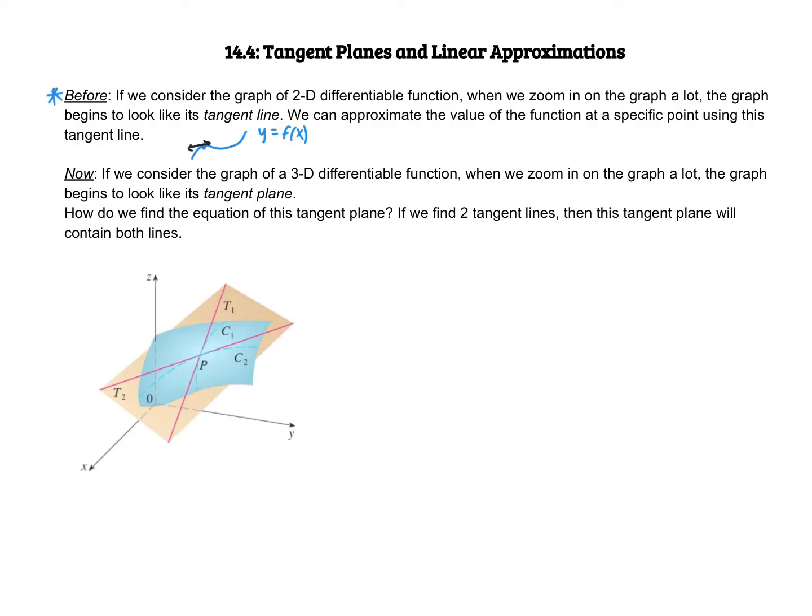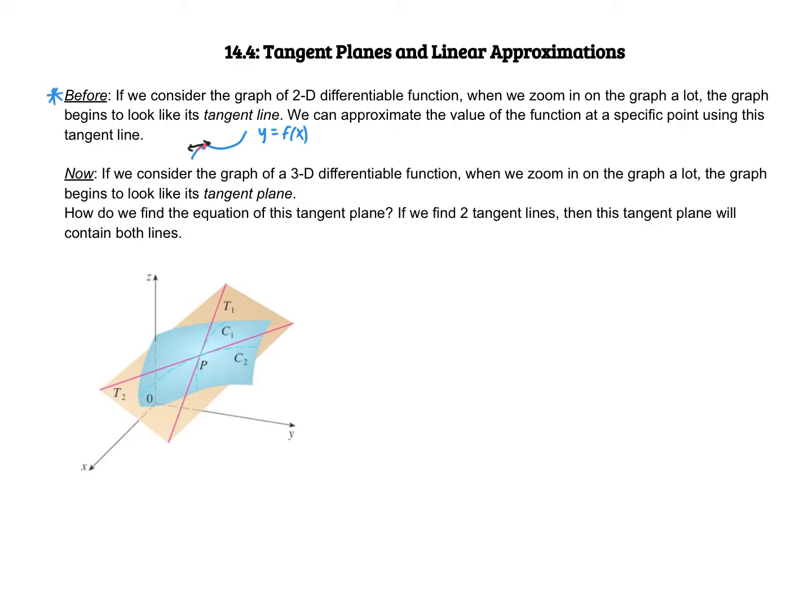So we can approximate the value of the function at that point using the tangent line. At this point, or maybe the point right next to it, rather than actually finding the y value, we can find the tangent line and plug in x, which is often an easier computation, to approximate the y value at that point.